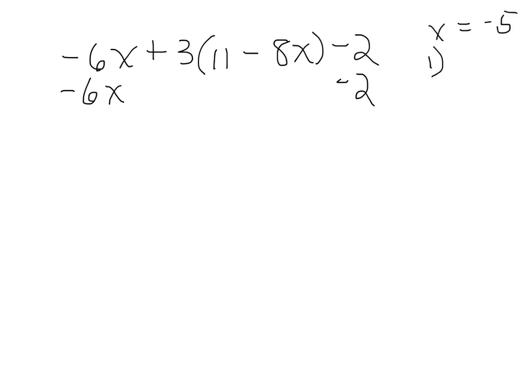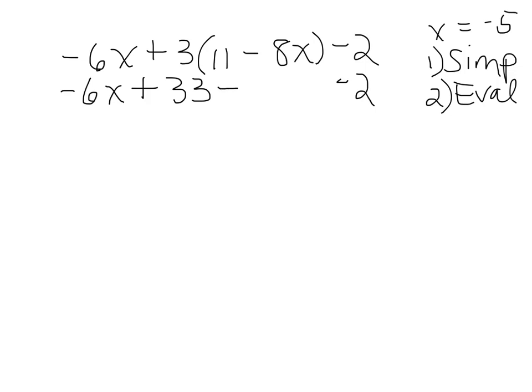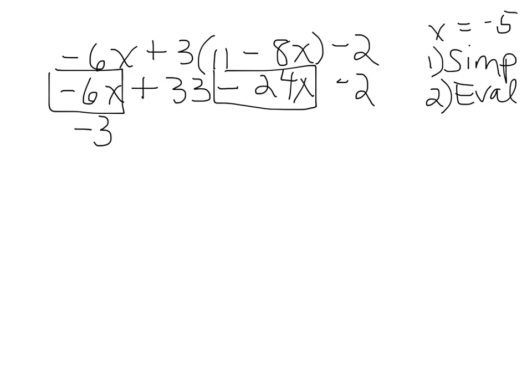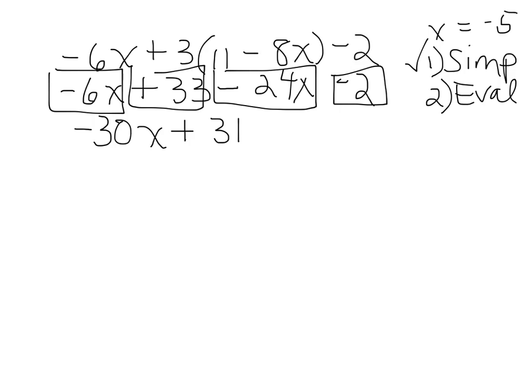So I'm going to first simplify and then evaluate that expression. 3 times 11 is 33. 3 times negative 8x is negative, so I'm putting minus 24x. When I combine these, negative 6x and negative 24x is negative 30x. And 33 minus 2 is 31. So we have done the simplify part.